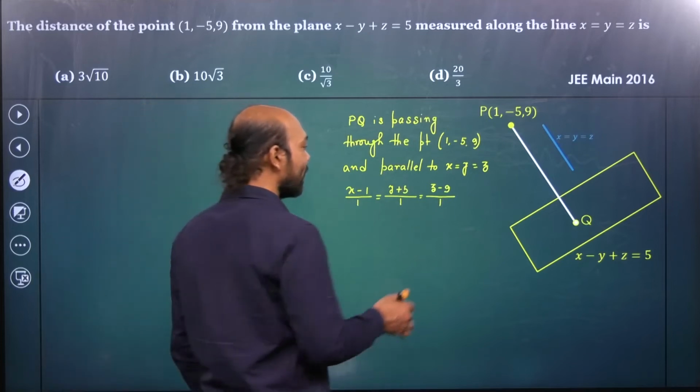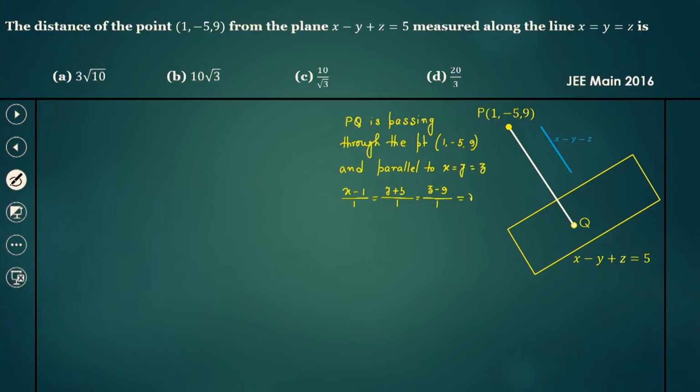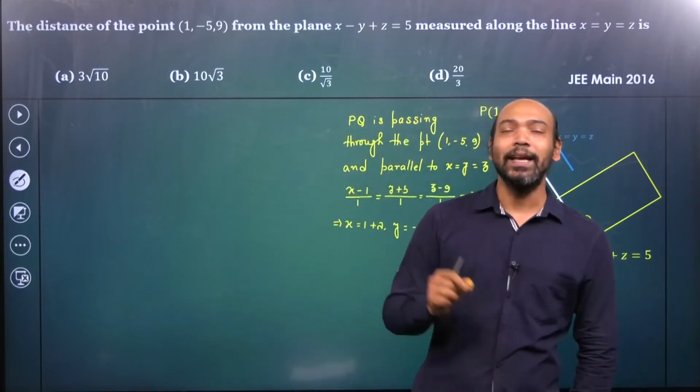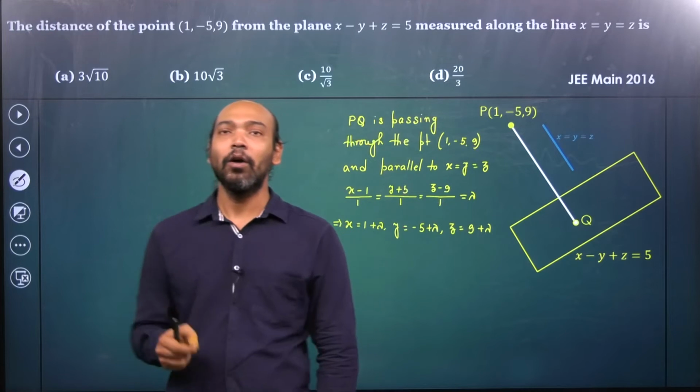So let us assume these equal values are lambda. That implies x is equal to 1 plus lambda, y is equal to minus 5 plus lambda, and z is equal to 9 plus lambda. Now this point (x, y, z) definitely lies on the straight line.